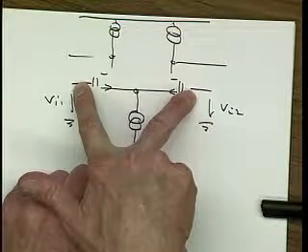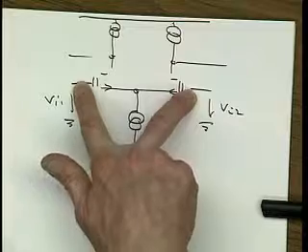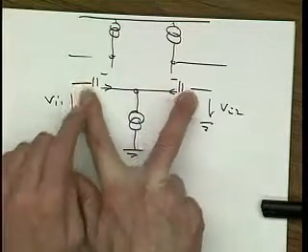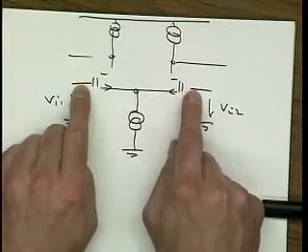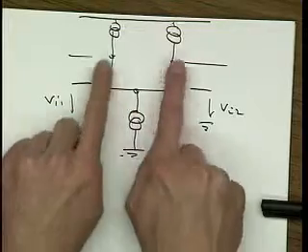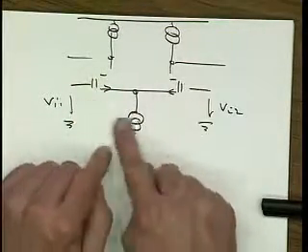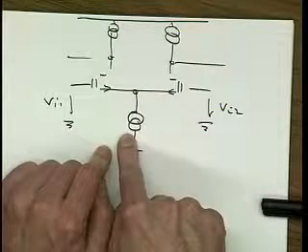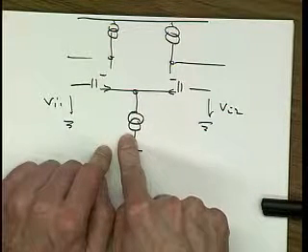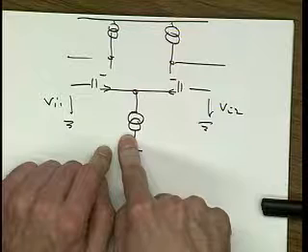If we use feedback, then at least after the loop has settled, these two voltages are exactly the same. The current splits evenly here. In particular, the noise current also splits evenly here, and so we don't get any noise from this because it's attenuated by the common mode rejection ratio of the circuit.